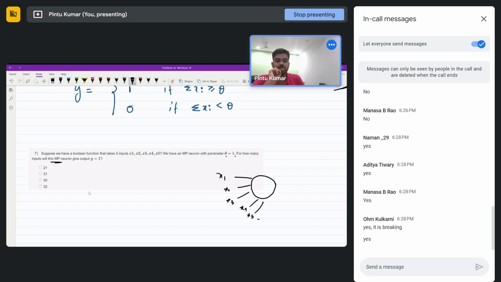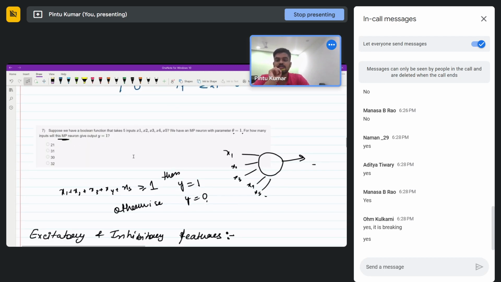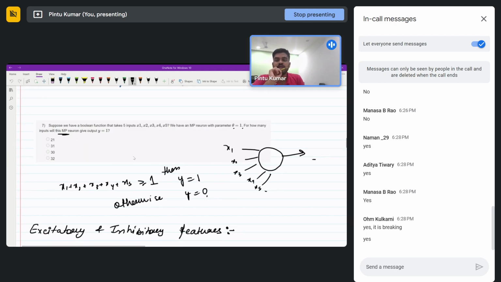So if x1 plus x2 plus x3 plus x4 plus x5 is greater than or equal to 1, then y is 1, otherwise y is 0. It is asking for how many inputs my output y is equal to 1.